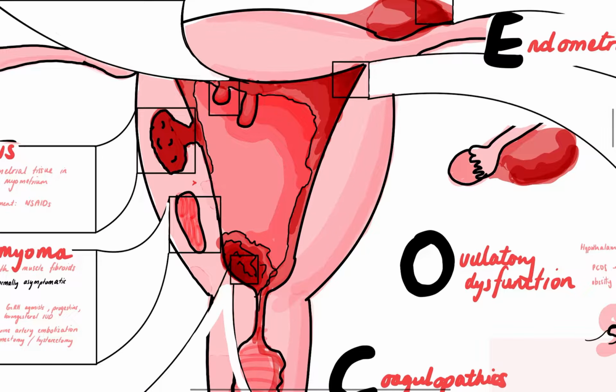And then finally we have the innermost layer called the endometrium, which I've depicted here as red because the endometrium proliferates throughout the cycle, which is of course a whole other thing that could be talked about. But the endometrium is composed of glands and lots of blood vessels that are designed to support a growing fetus during pregnancy.